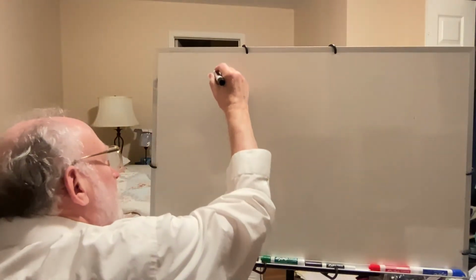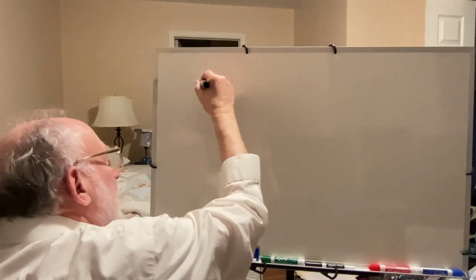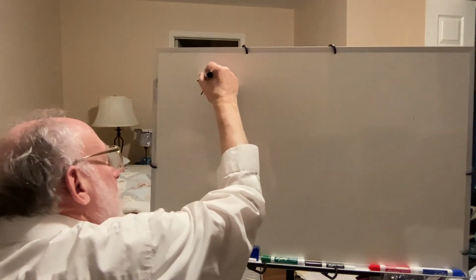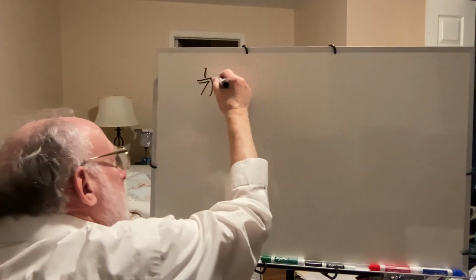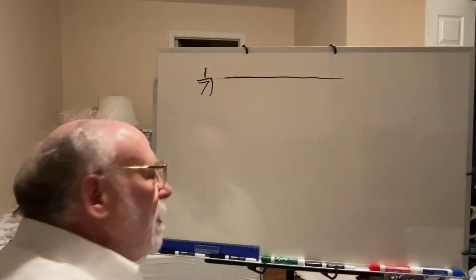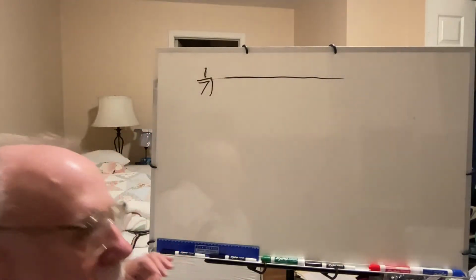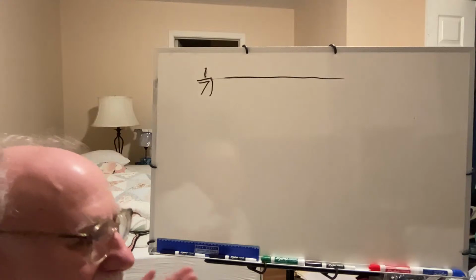So let's see how a rational number gets its decimal expansion. What is used to get that? The answer is long division. So let's look at an example. Here's 1/7, okay? We want its decimal expansion. What are we going to do? We're going to divide the numerator into the denominator.